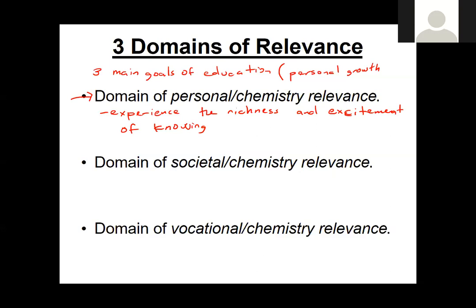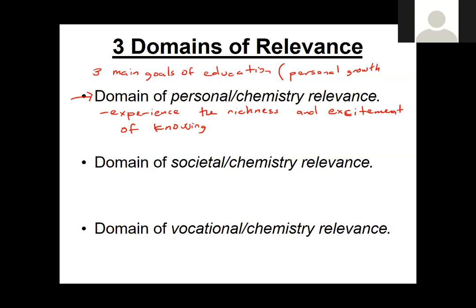Okay, so what's the relevance of this domain? As much as possible, it is expected that chemistry education will enable students to consider chemistry as a particular way of examining the natural world, experience the interesting relationship between chemistry and technology because it deals with concrete objects from their everyday life, understand the applications of chemistry in their daily life, and value the aesthetic aspect of chemistry phenomena for personal satisfaction.